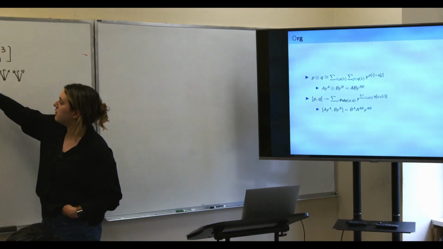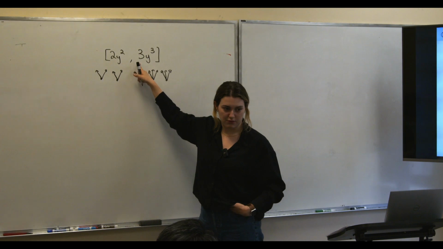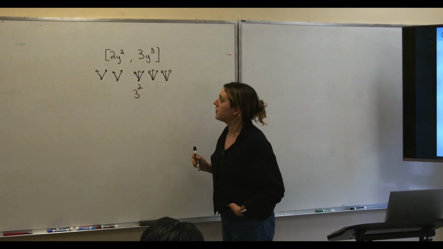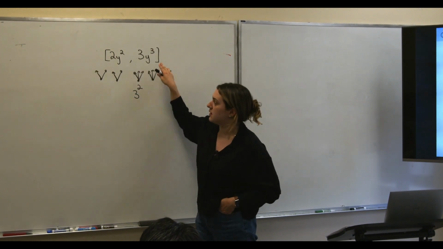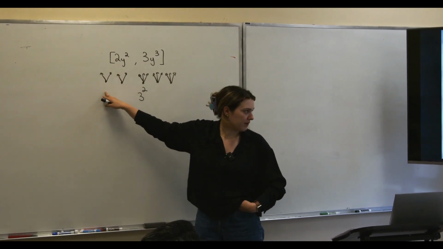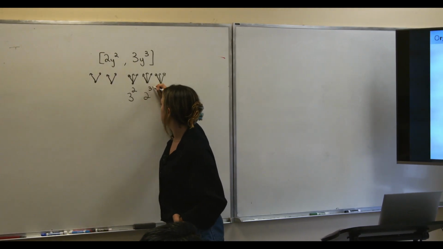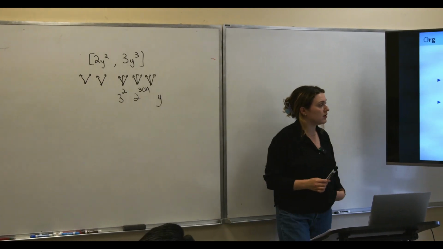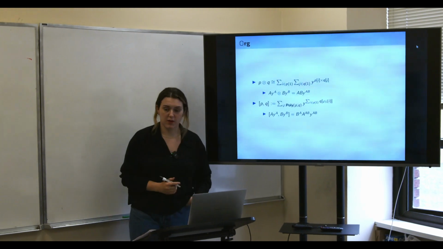So how many ways can you send 2 things into 3 things? 3 squared. And then for the directions, we have 2 times 3, we have 2 raised to the 3 times 2. And then we'll raise y to the positions of p and then the directions of q.